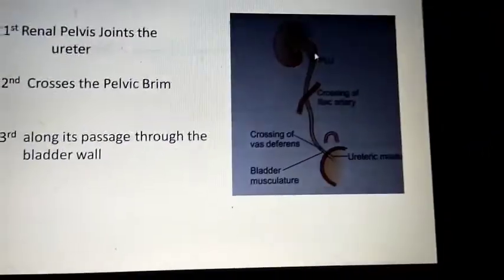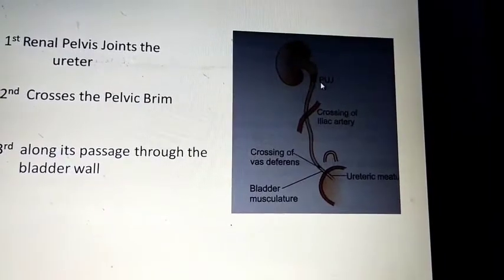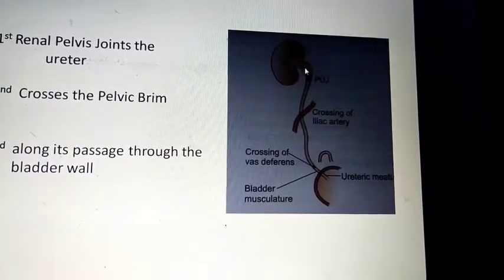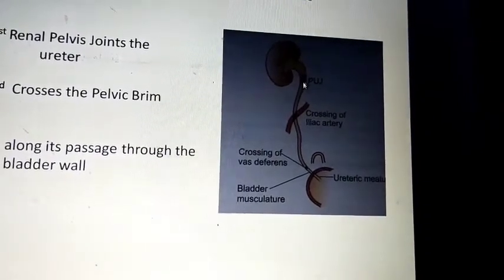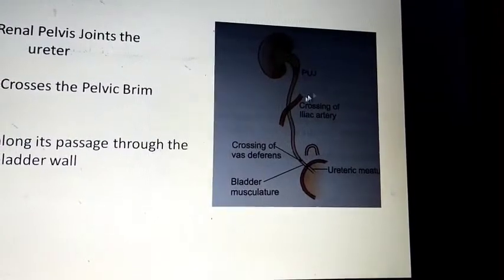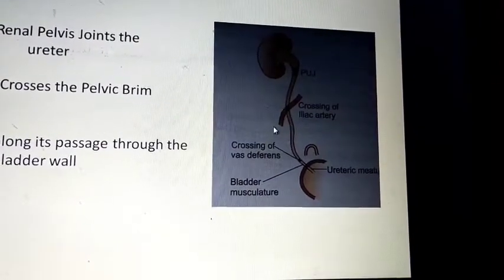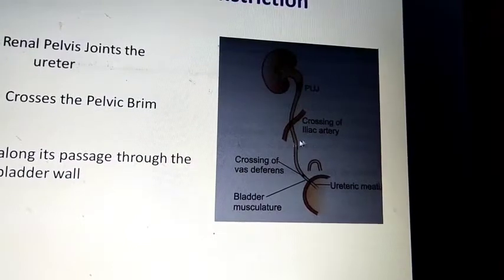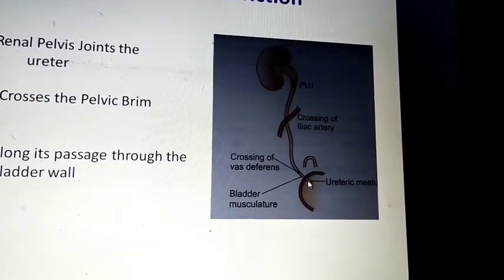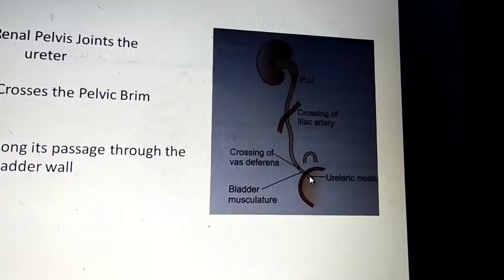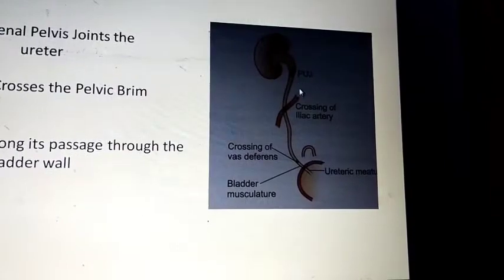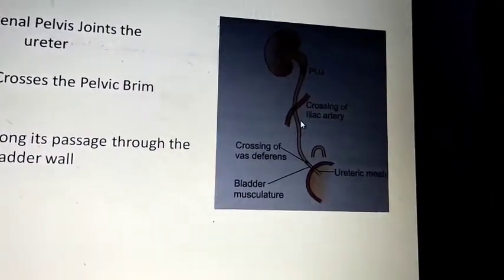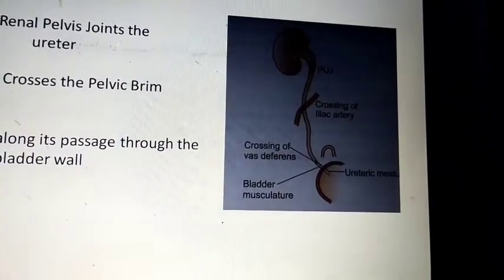You can see here the PU junction, where the renal pelvis and ureter meet. The second is where it passes the pelvic brim. The third is the uretero-vesical junction.